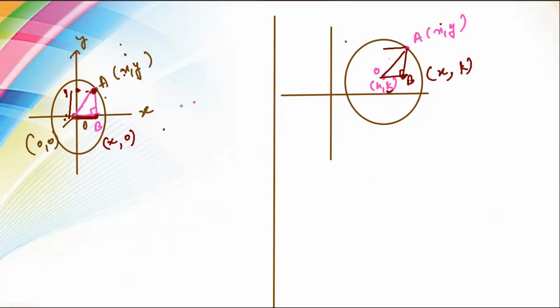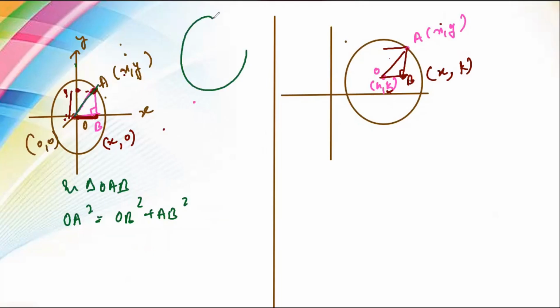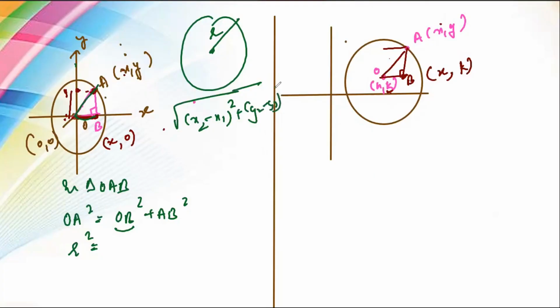Now everything is very much the same. I just have to apply the Pythagoras theorem in both triangles. So in triangle OAB, OA square is equal to OB square plus AB square. OA is what? The line from the center to the circumference of the circle is the radius only. So OA is r. What is OB? We can apply the distance formula for OB, which is square root of x2 minus x1 whole square plus y2 minus y1 whole square.